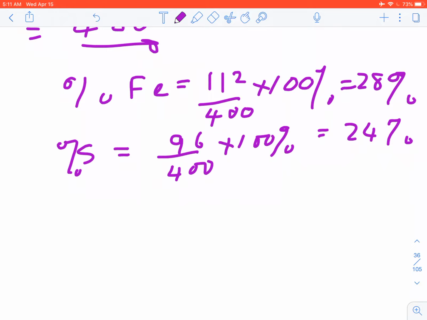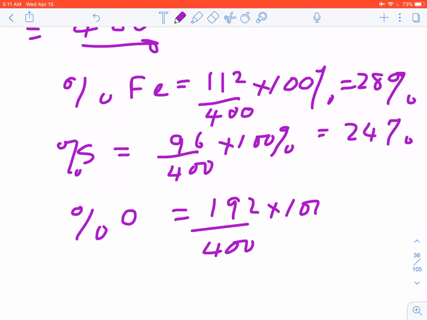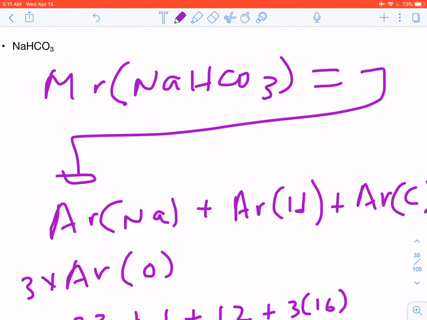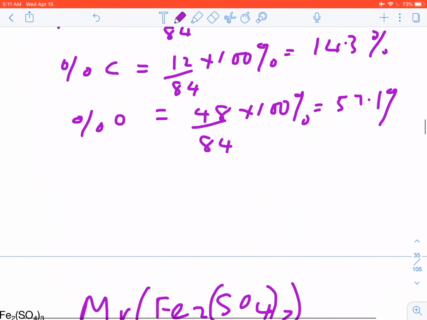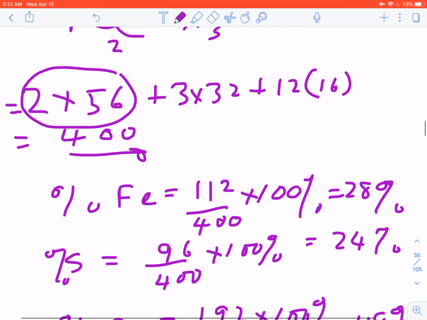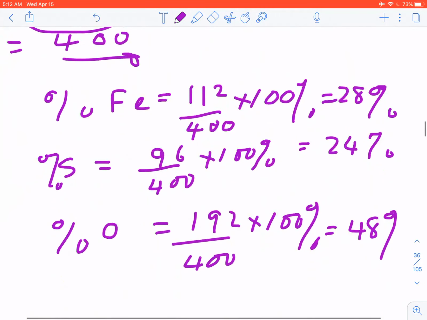And for oxygen, it's equal to 192 upon 400 times 100%, and that gives us 48%.